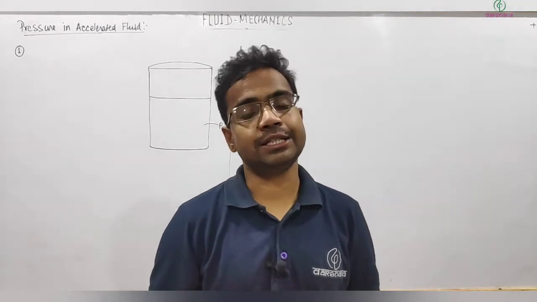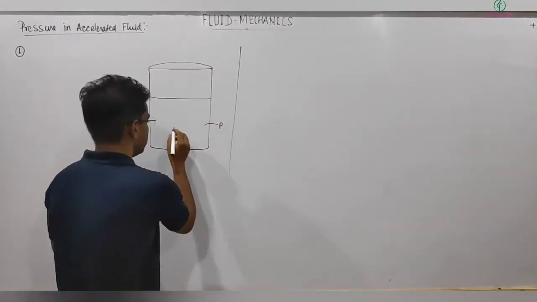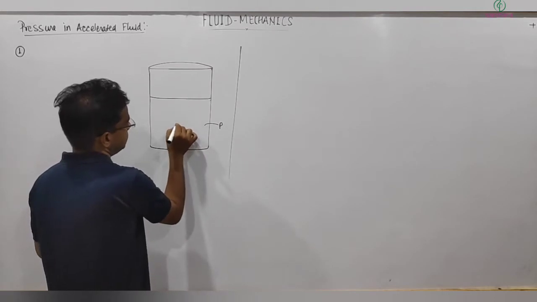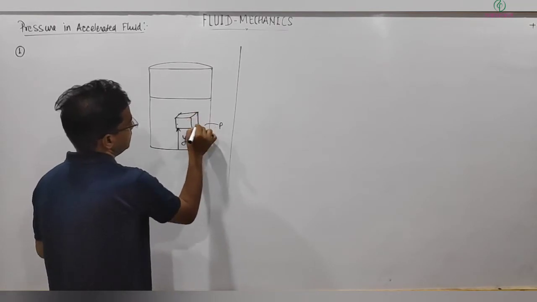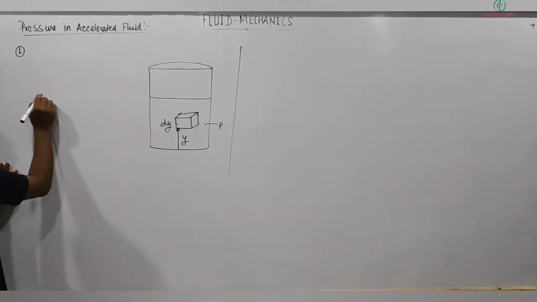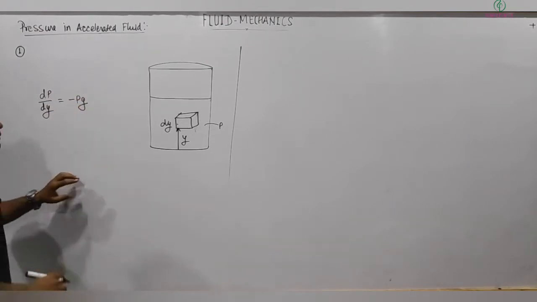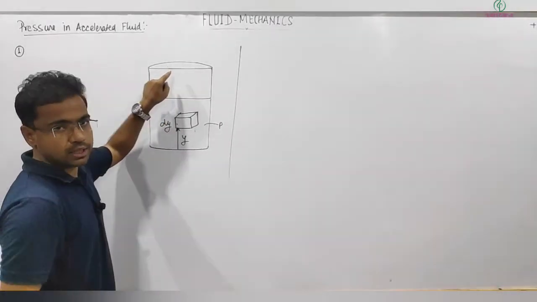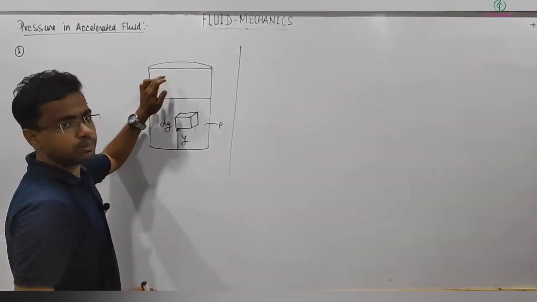We calculated dp by dy, if I am measuring y from the bottom, with a small element of thickness dy considered, equal to minus rho g. If you are measuring y from the top, then it will be plus rho g. As y increases, the depth will decrease, so with depth pressure increases, and going up pressure will decrease.